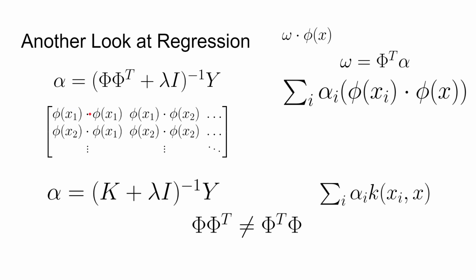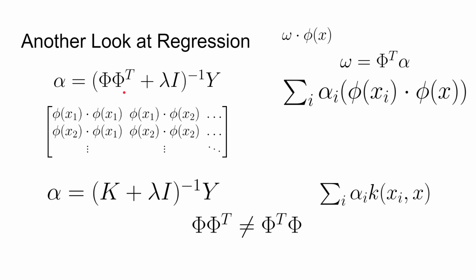But for particular feature sets, I can simply compute the Gaussian right there: the norm of x1 minus x2, e to the minus gamma that. That'll give me this value, and I don't have to compute the features. Same thing over here. I can just do k of xi and x, and I don't have to compute the features. So I'll still be doing regression in the high-dimensional feature space, but I never have to compute that high-dimensional space. Same trick.